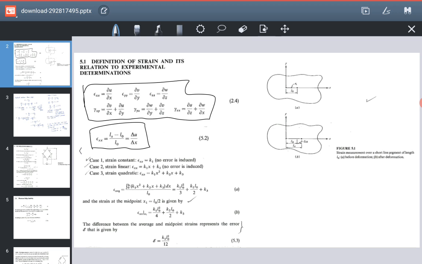But since we are considering the uniaxial direction, which is the x-axis, we're going to display the strain through this equation. Now, we have three possibilities. The strain can either remain constant, change linearly, or change quadratically.